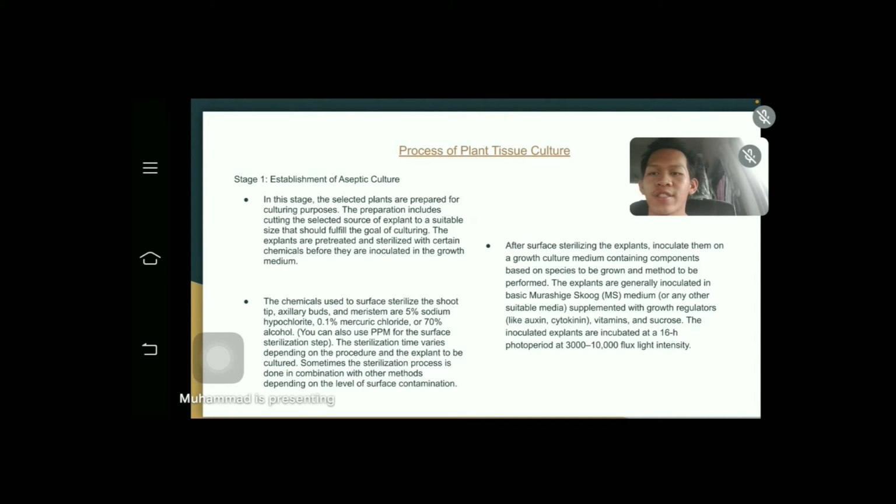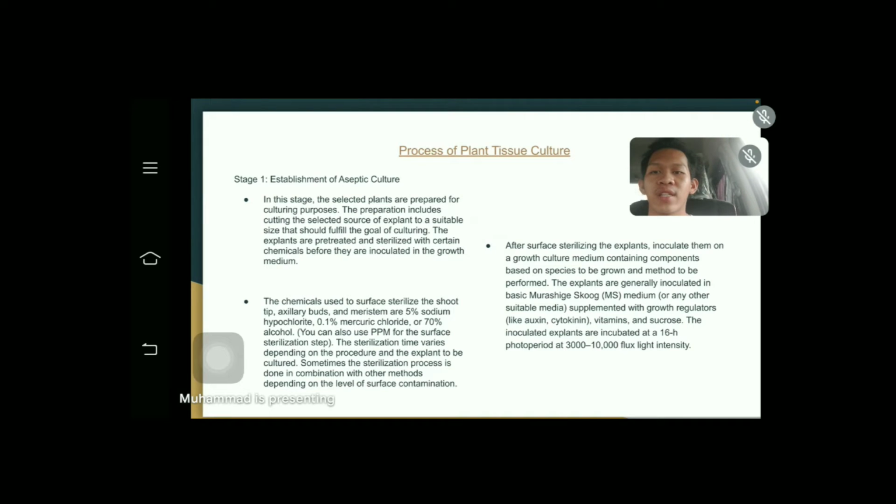The sterilization time varies depending on the procedure and the explant to be cultured. Sometimes the sterilization process is done in combination with other methods, depending on the level of surface contamination.